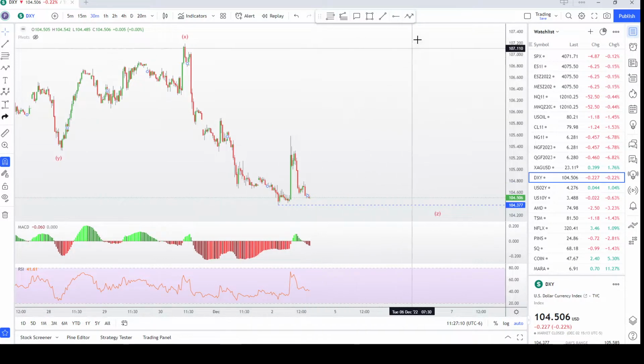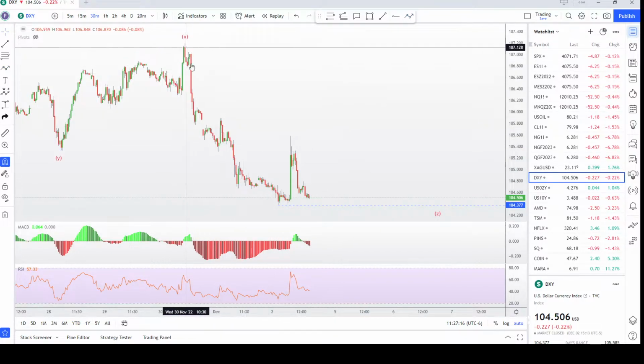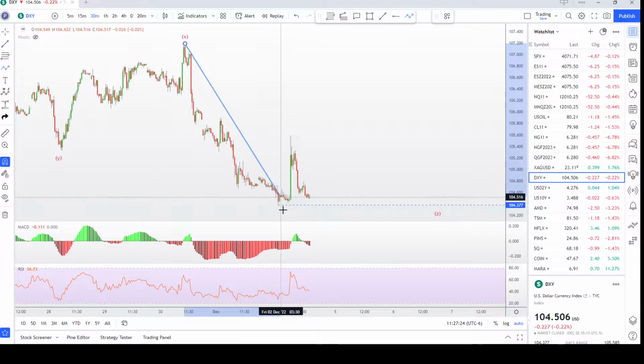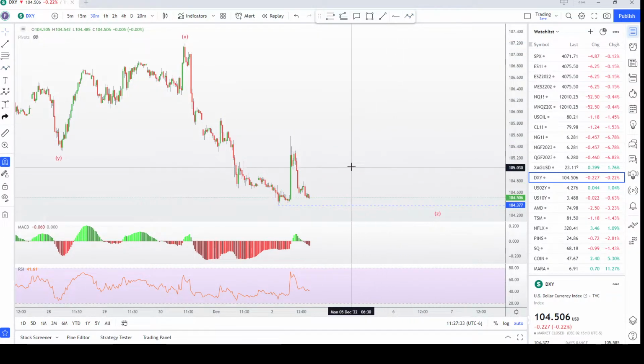But if they start coming back up here Sunday night and into Monday, then to me this looks like this is all 1, and then they're going to create a correction here for 2. Actually, that'll be the A wave, and then they'll give a 3-wave correction for B, and then come down for the Z wave.